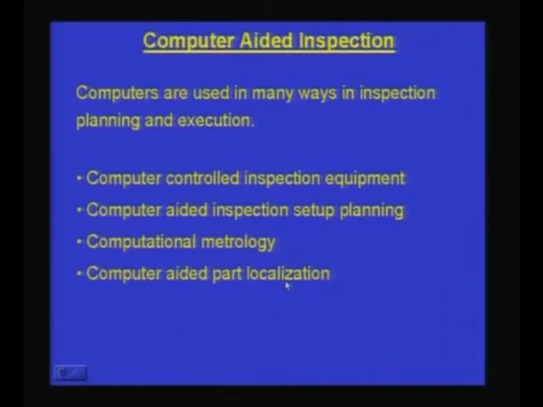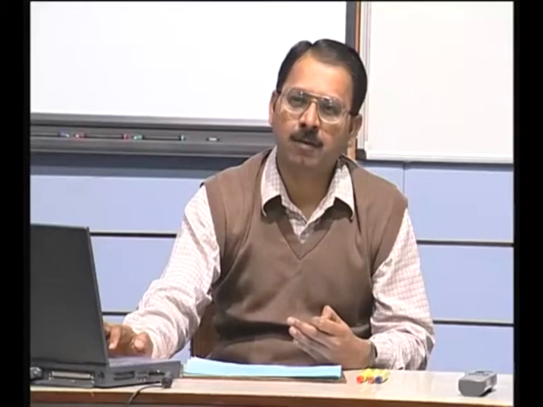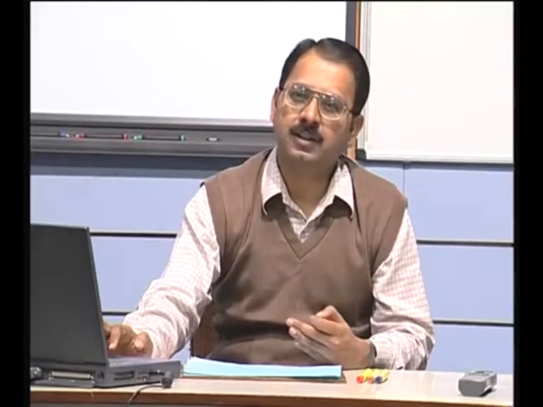There are also situations where computers are used for part localization. Now, when I say part localization, in all manufacturing and inspection scenarios, what you are trying to assess is whether the manufactured geometry and form meet the requirements.